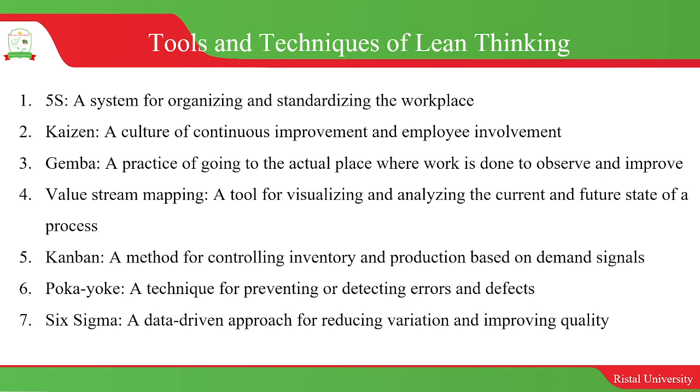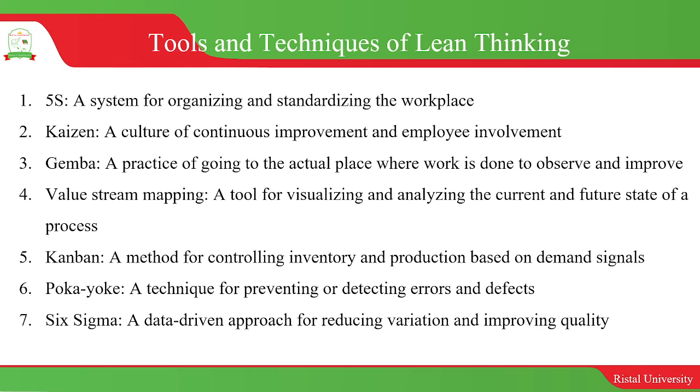Okay, tools and techniques of lean thinking. We talk about the 5S. We said the 5S is a system of organizing and standardizing the workplace. You will see more about the 5S in the coming slides. And then we also have what we call the Kaizen.